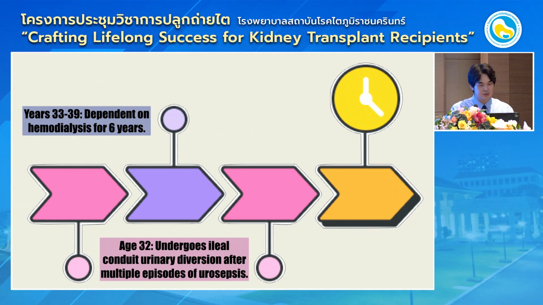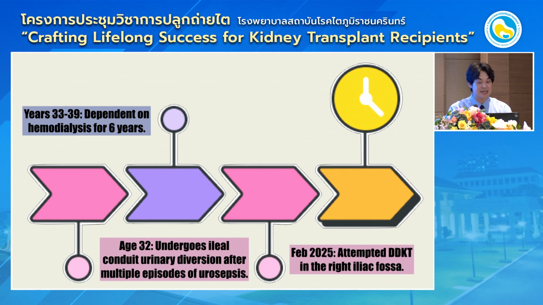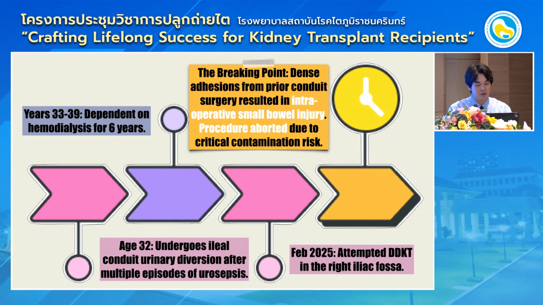In February 2025, an attempt at a deceased donor kidney transplant was undertaken in the right iliac fossa. However, dense adhesions resulting from the prior conduit surgery led to an intraoperative small bowel injury. The risk of significant contamination was considered too high to proceed with the procedure at the time, resulting in its termination.